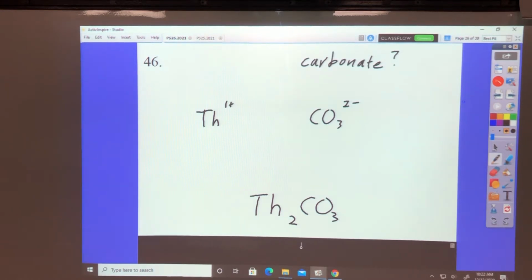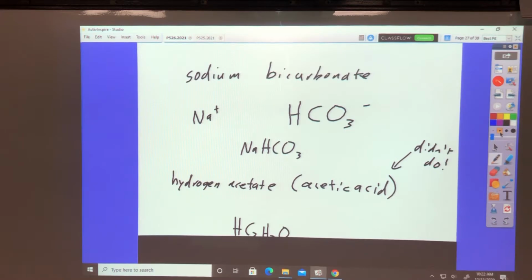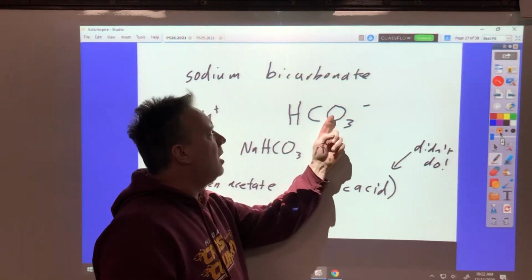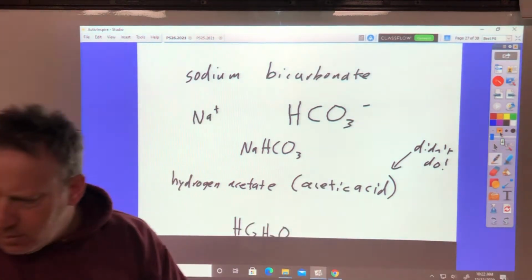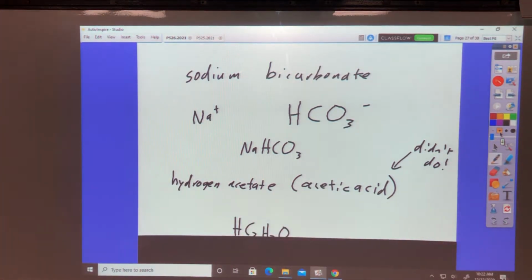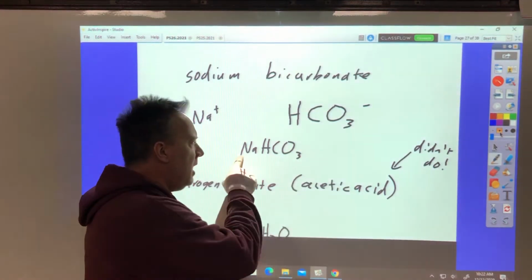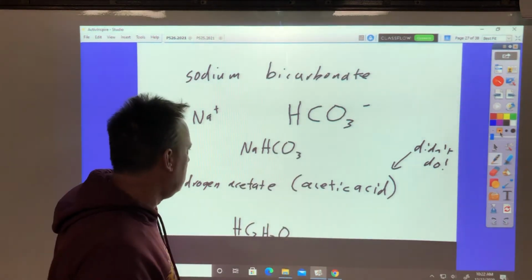Write the chemical formulas for these 2 compounds. Sodium bicarbonate is made from a sodium ion that has a +1 charge and a bicarbonate ion that has a -1. And I wrote it as bicarbonate instead of sodium hydrogen carbonate. 1 of each, NaHCO3 is your answer.